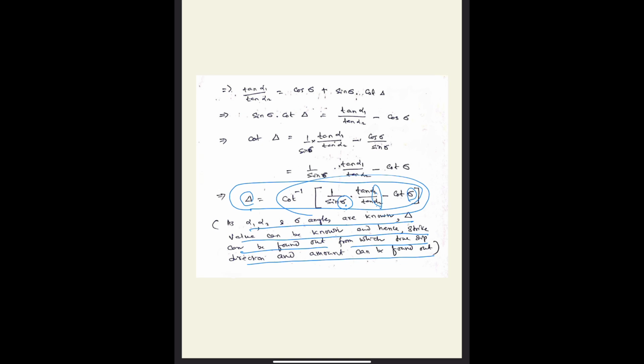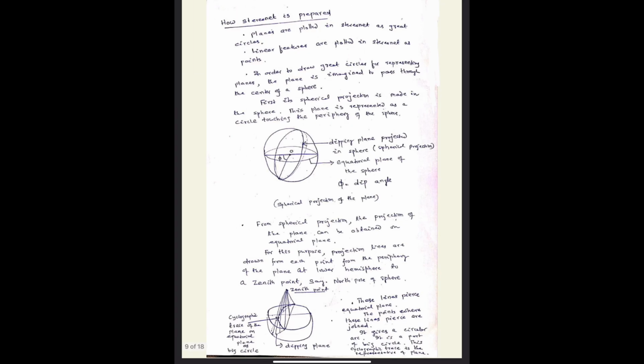Next, we will switch over to the representation of the attitude data in the stereo nets. How are stereo nets used? We have two types of net.